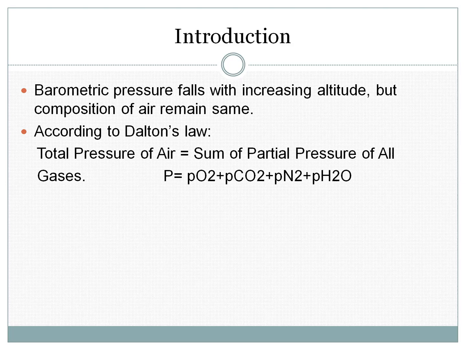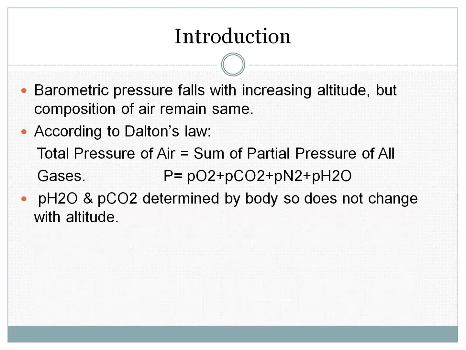The major gases contributing to the total pressure are oxygen, carbon dioxide, nitrogen and water. Now water and carbon dioxide are determined by the body, so they will not change with altitude.